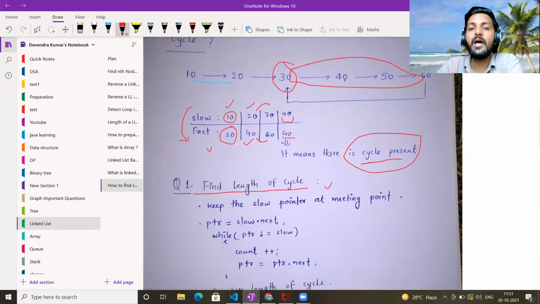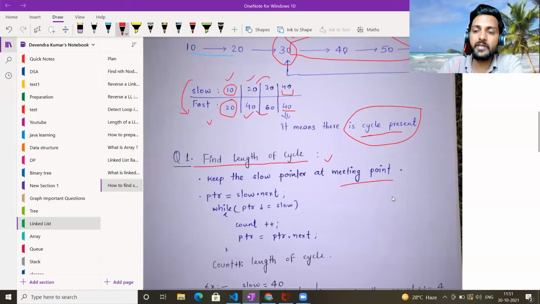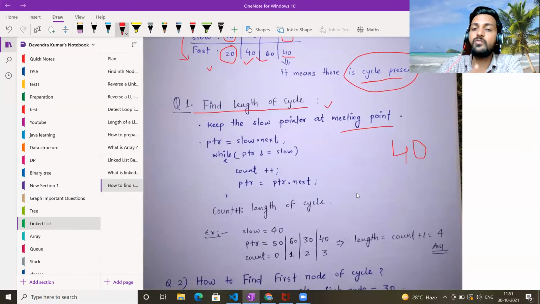The point at which the slow and fast pointers are meeting is known as the meeting point. In our case, slow and fast are both pointing to 40. Now, to find out the length of the cycle, you need to keep one pointer at the meeting point, which is 40.